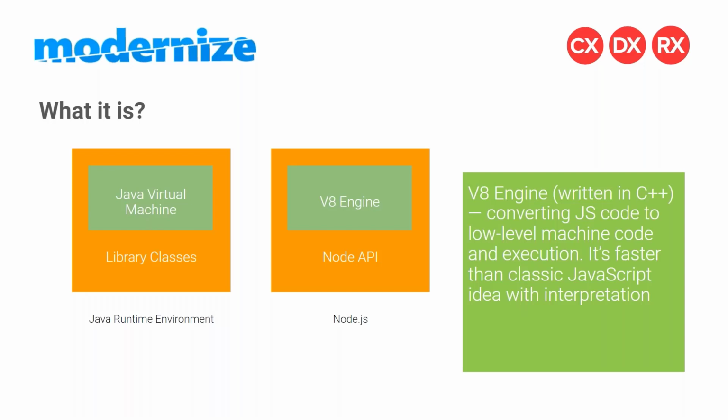This engine is written in C++, and it converts JavaScript code to low-level machine code for execution, and it's faster than the classic JavaScript idea with interpretation. It does not need a web browser for execution. It's a different process which uses Google Chromium libraries for the presentation layer.